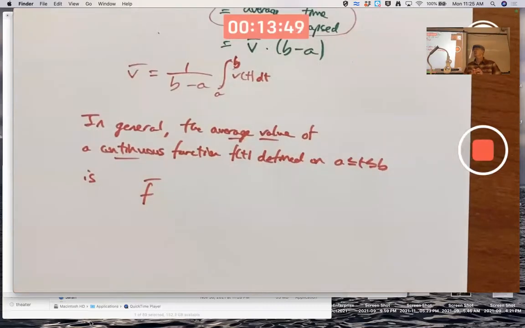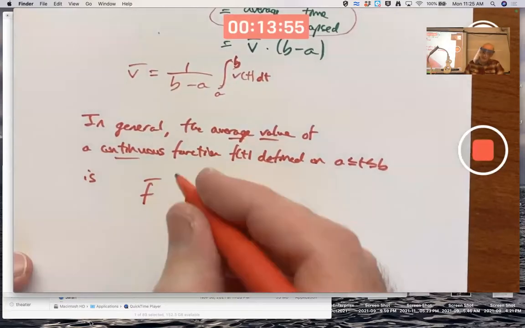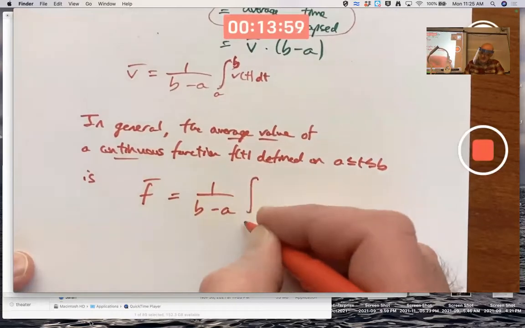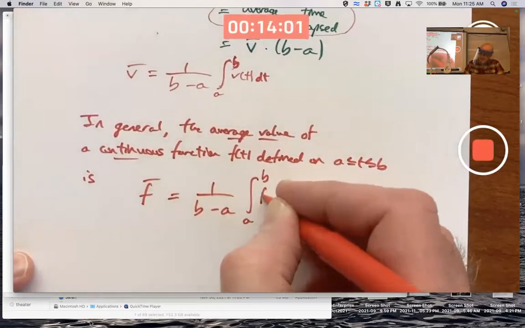The book doesn't use this notation, but I am. F bar is not a function, f bar is a number. It's the number 1 over b minus a times the integral of the function f of t.